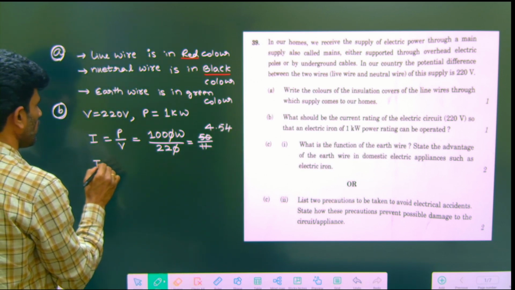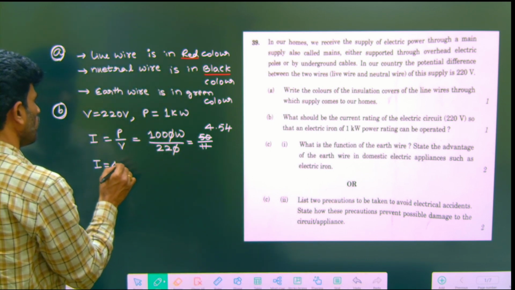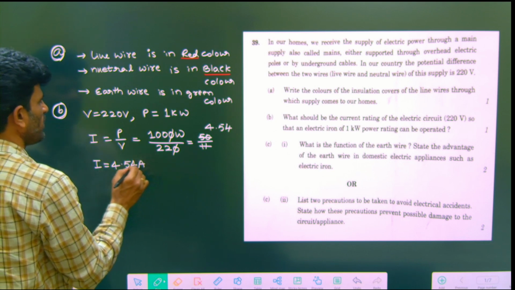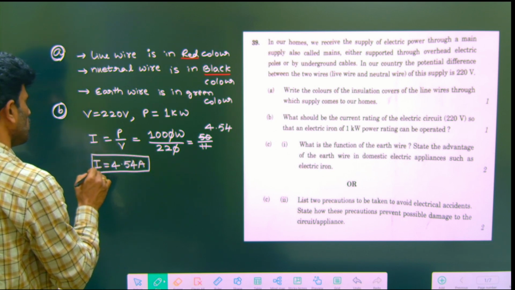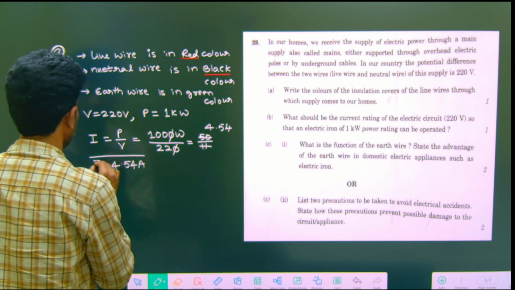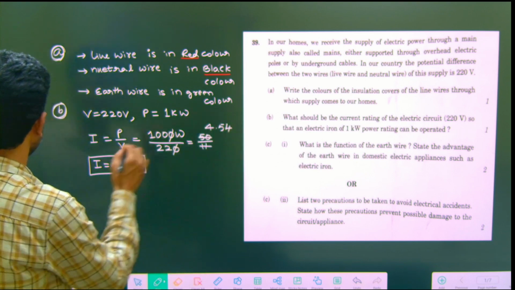So we can write approximately 4.54 amperes. So up to 4.5 it can be allowed. So the current rating is 4.54 amperes. That is the answer for question B.